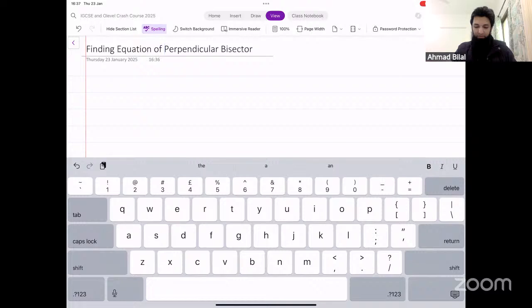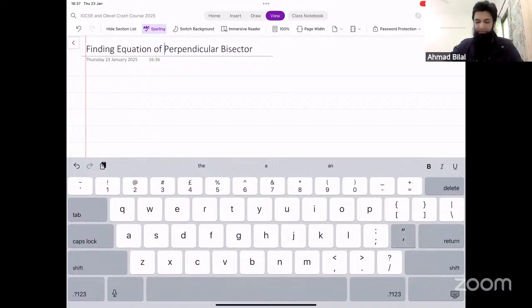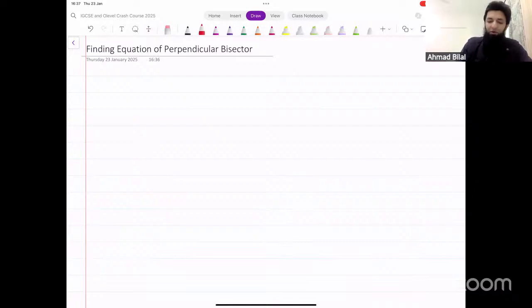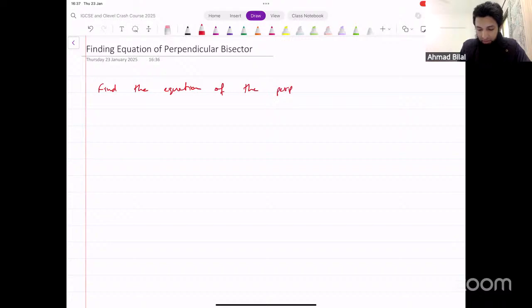Okay. Now, what is a perpendicular bisector? Let's understand that. Let's say you want to find the equation of the perpendicular bisector of the line joining, or you can say of the line AB, such that the coordinates of A and B look like this.